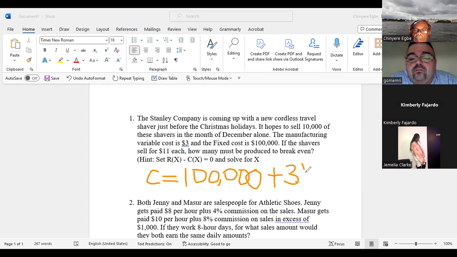Let V be shavers. So that's your cost. Now, when you do business, how do you measure your profit? Your profit is measured by your revenues minus your cost. Am I correct? Are we correct on that one?